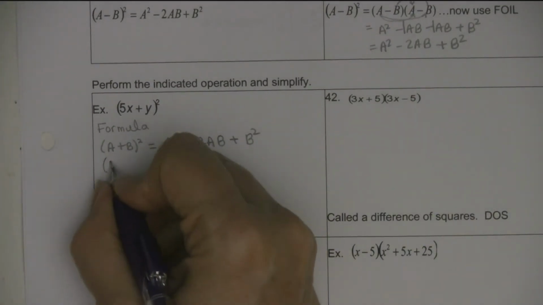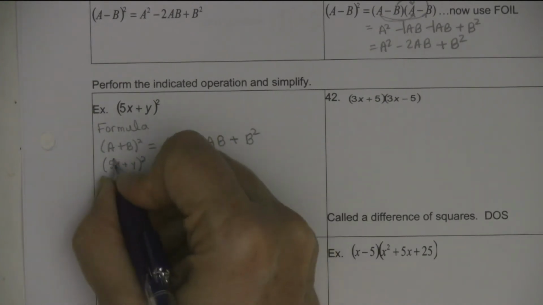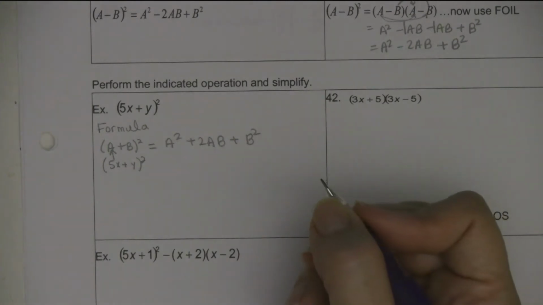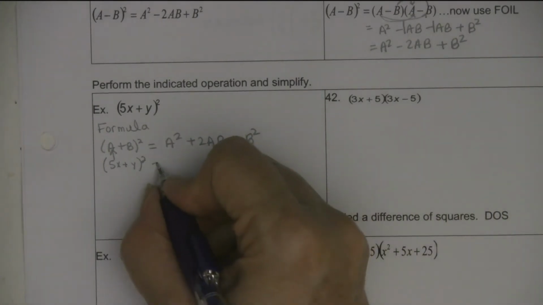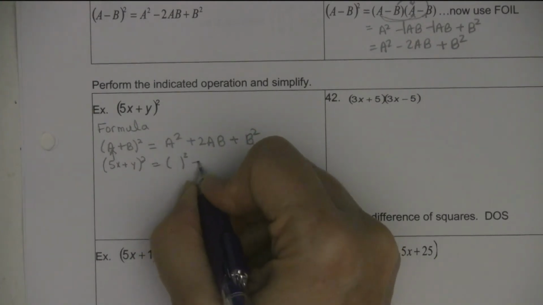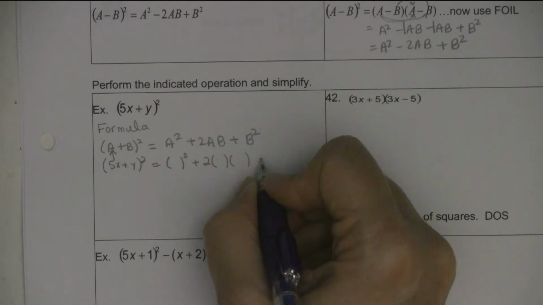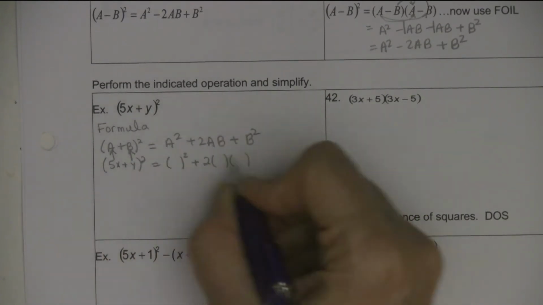And then right below it, I'm going to put what we're trying to multiply out. And everywhere you see A, you're going to put 5x. And everywhere you see B, you're going to put y.